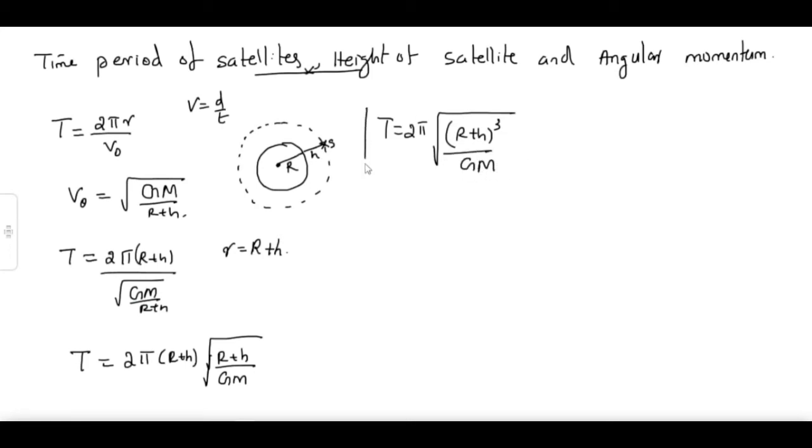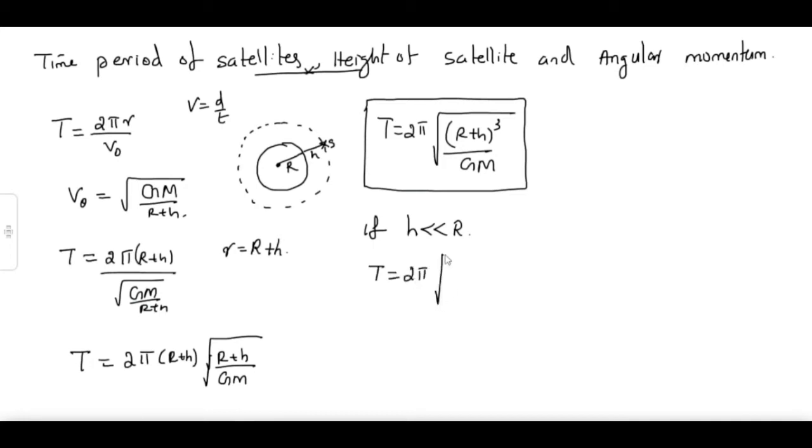This is one of the general equations for time period of the satellite. Now if h is much less than the radius of the earth, we can write here T is equal to 2 pi square root of R cube divided by GM, because h is negligible, right?